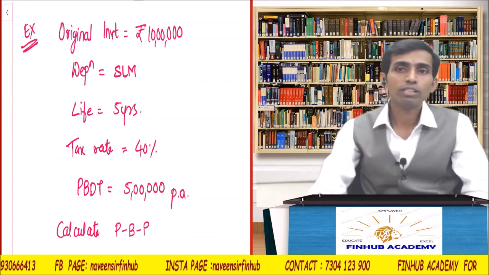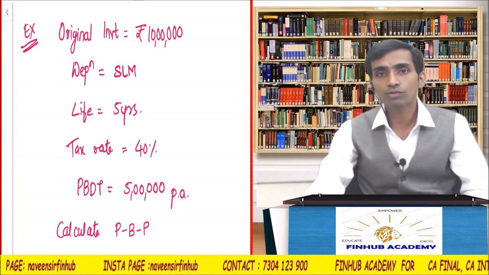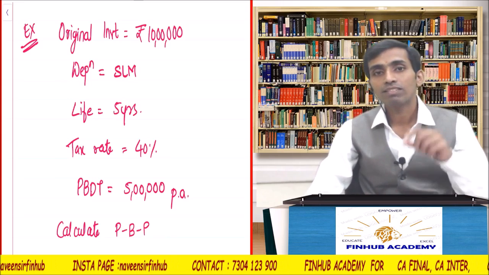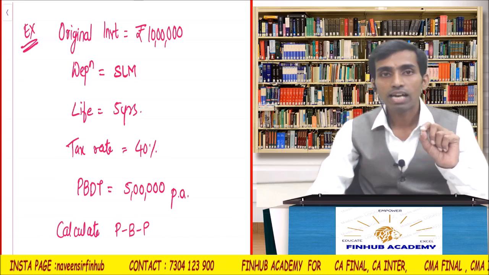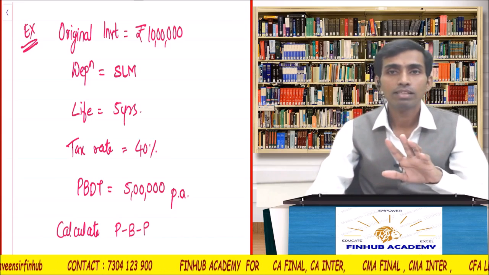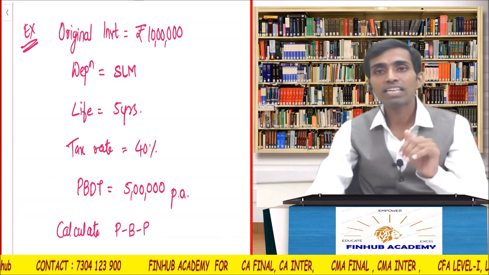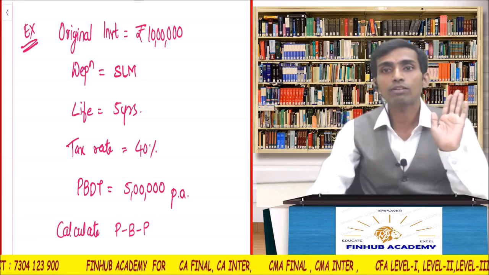Now listen carefully. When we have to calculate annual cash flow, if the PBDT per annum is same and depreciation for every year is same, then you can do the vertical method. What I mean by vertical method is, in a single column you will get annual cash flow.